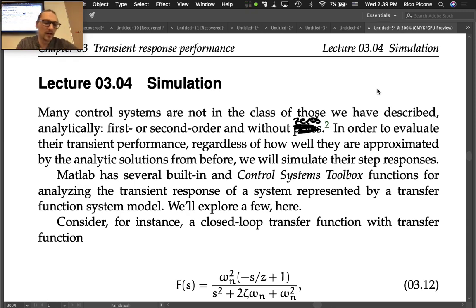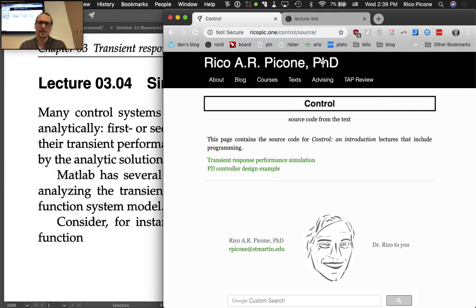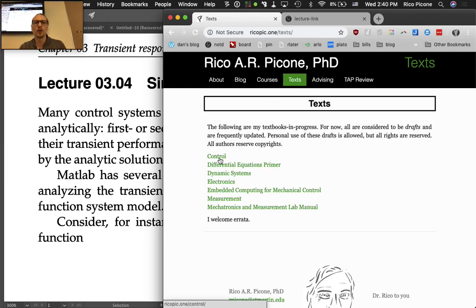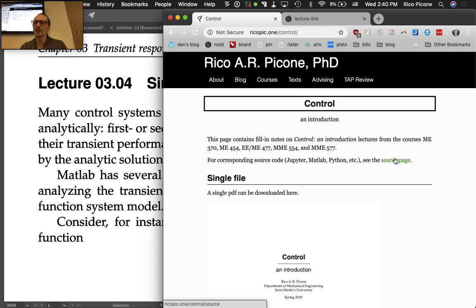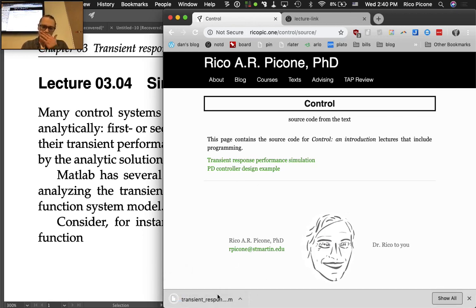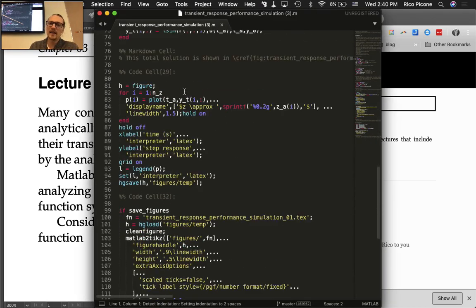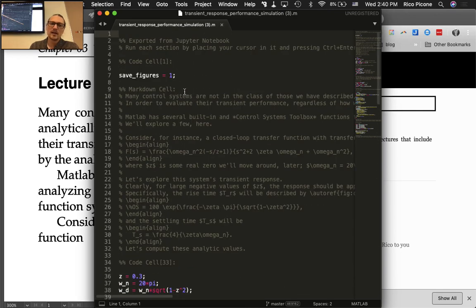Okay, so this is available on the internet. If you go to my website, if you go to the text, if you go to control, and then you go to the source page, you will find the transient response performance simulation, which has the MATLAB code that's the source for this lecture.